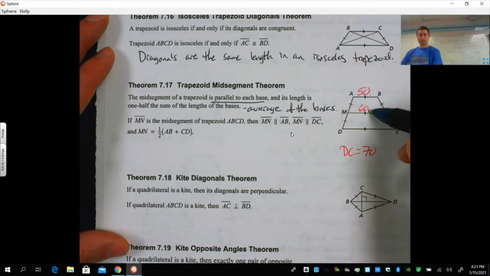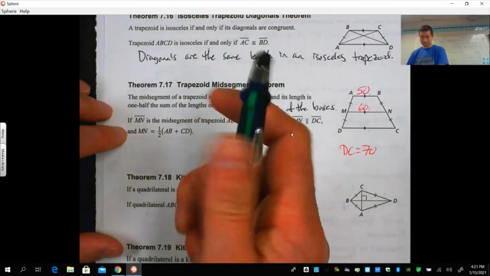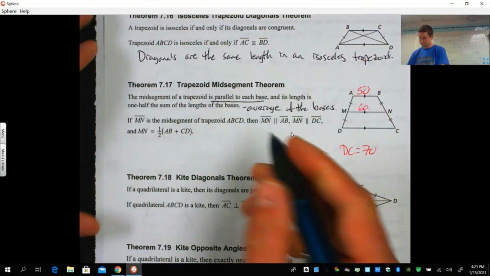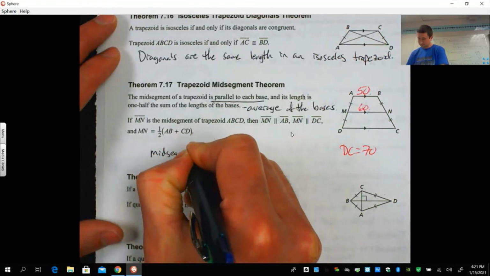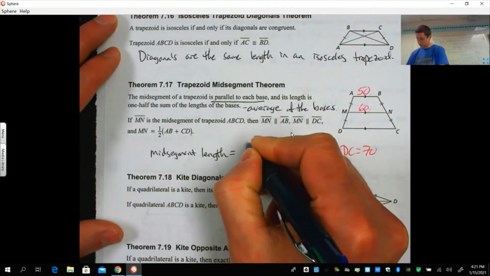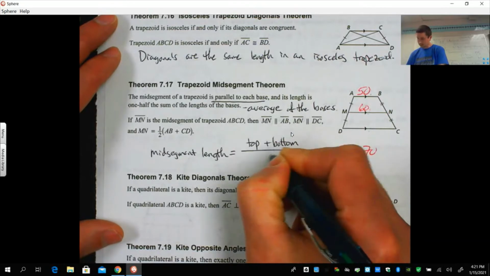That would put 60 in the middle. Okay, so it's the average of the bases. So the mid-segment length equals top plus bottom divided by 2.